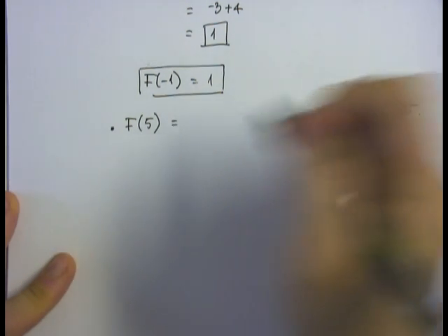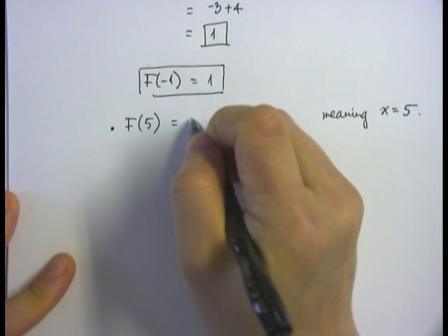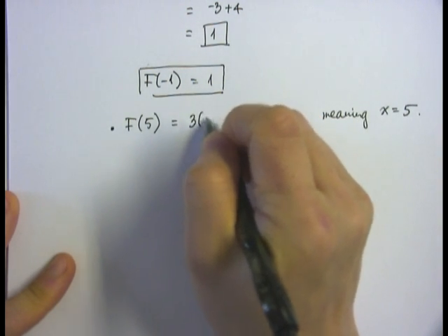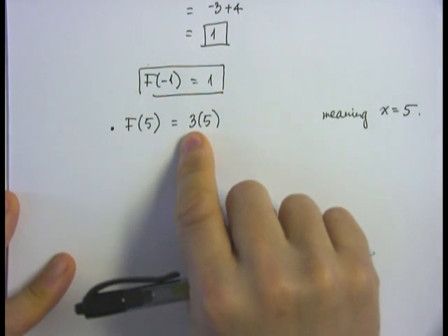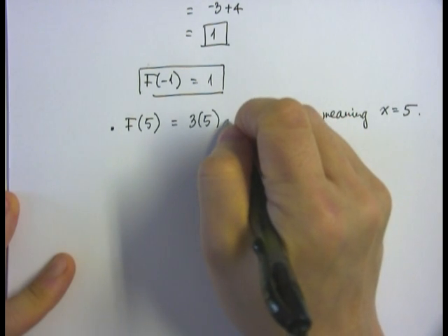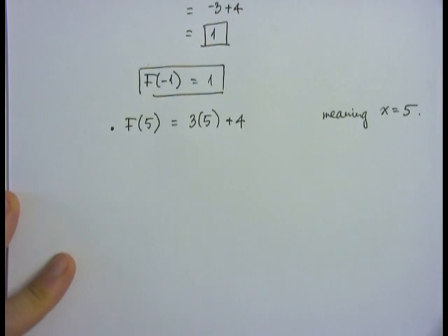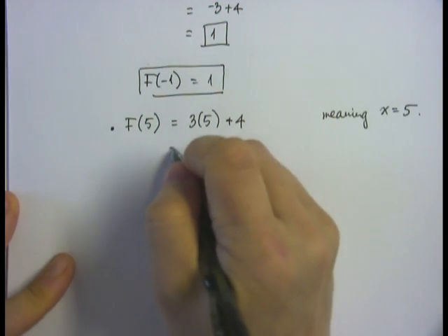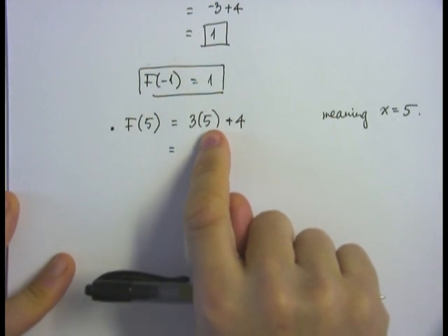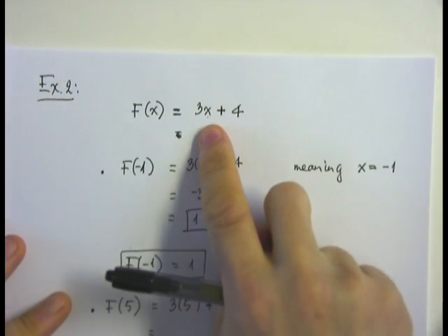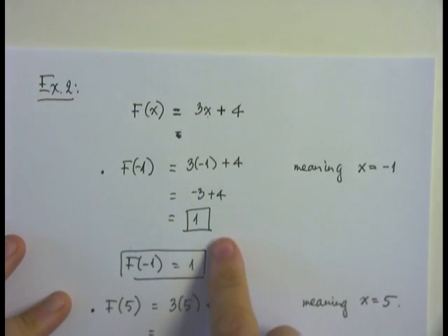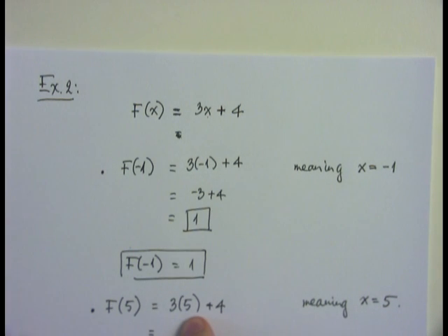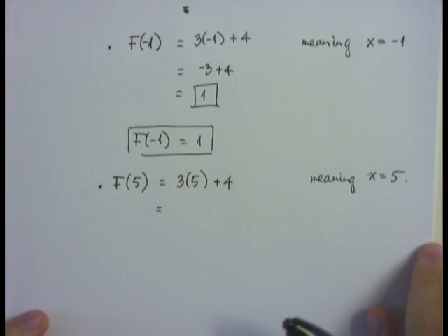And so now what the function does to the input is multiply the input 5 by 3, and then plus 4 after it. Once again, you can see that wherever you see the x in the formula, you simply substitute that x by the supplied value for it.